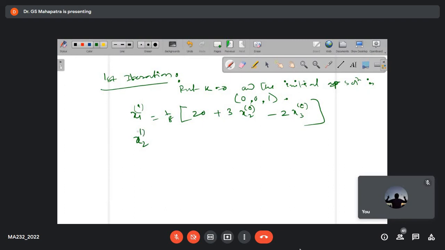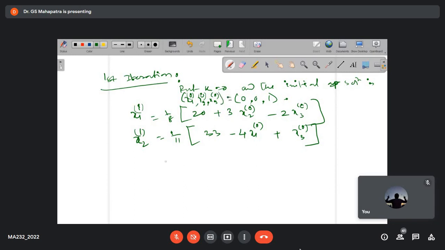x2 1 is 1 by 11, 33 minus 4x1 0 plus x3 0. So here it is x1 0, x2 0 and x3 0. This one equals to this one.